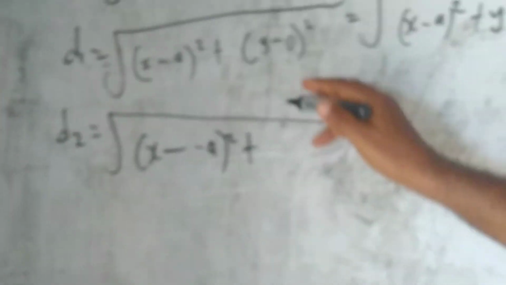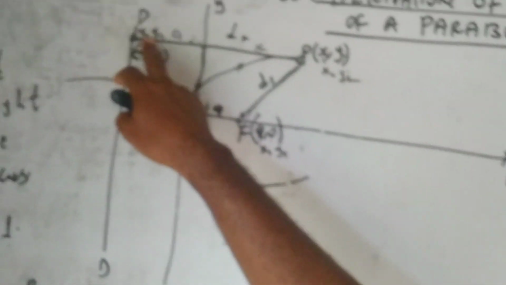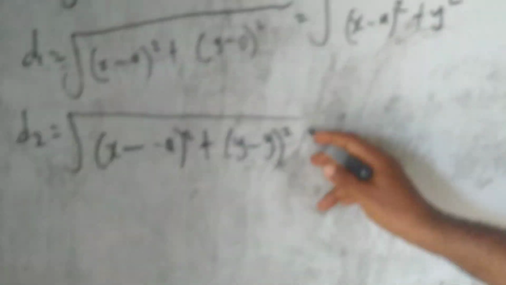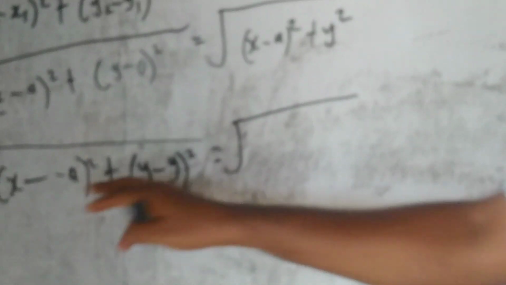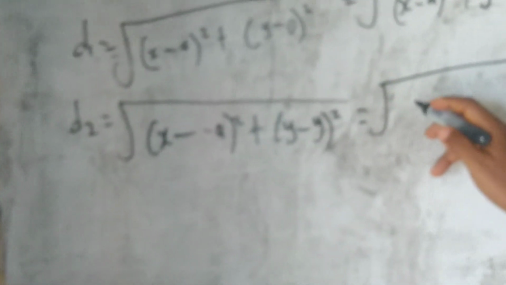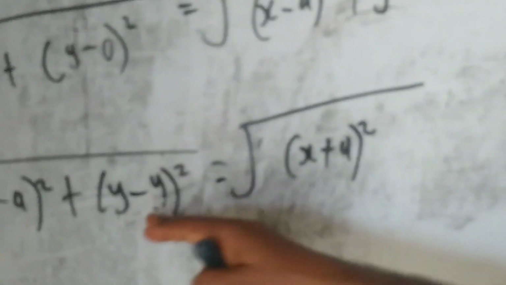Then plus my y2 here is y, minus my y1 here is also y. Everything squared. So this can be simplified into the square root of, minus times minus will give us plus, that is (x plus a) squared. y take away y will give us 0, so everything here will reduce to 0.